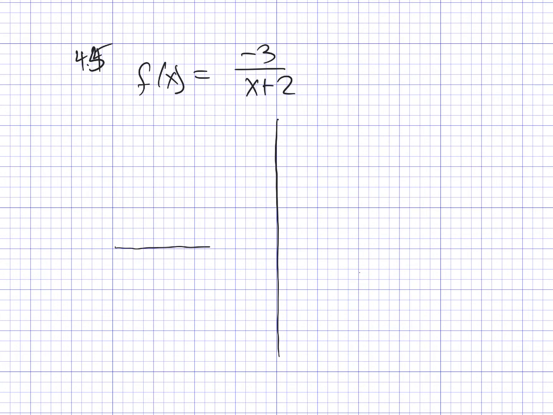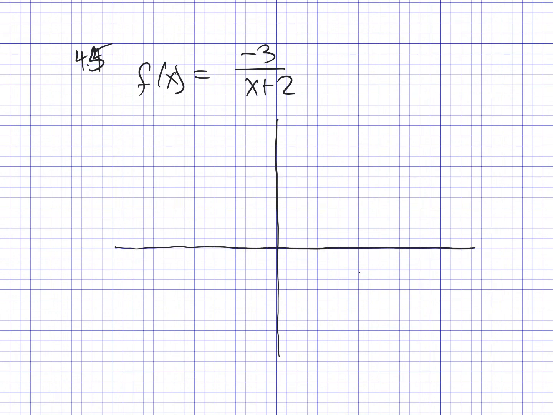All right, let's do graphing of f of x equals, this is 4.4, I think. Graph for me, nope, I'm sorry, 4.5. F of x equals negative 3 over x plus 2. Begin.